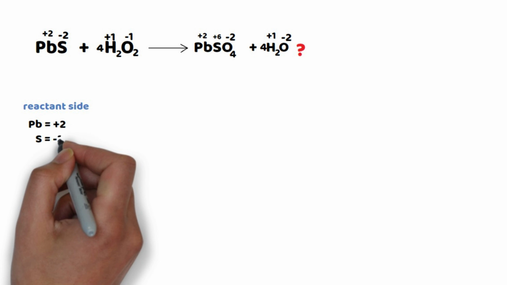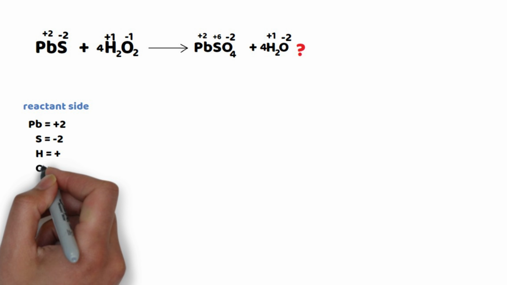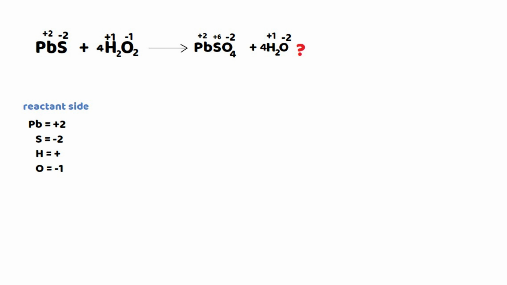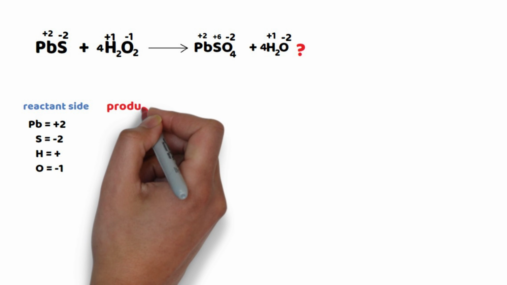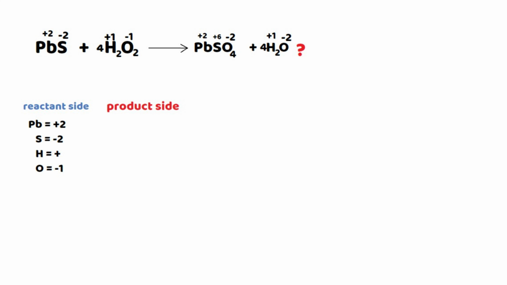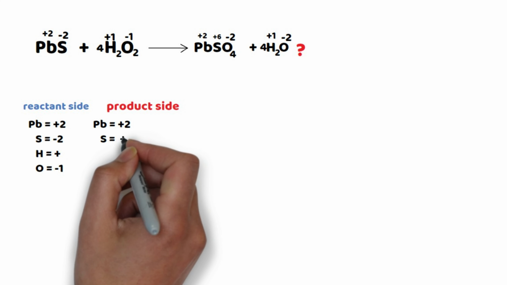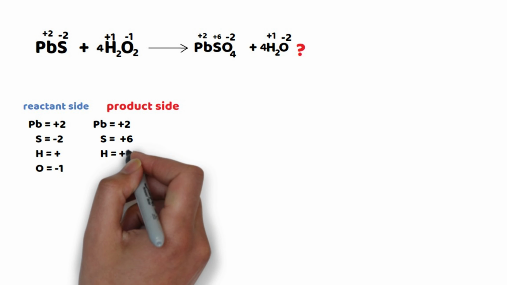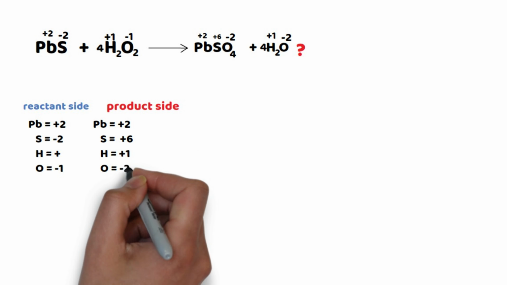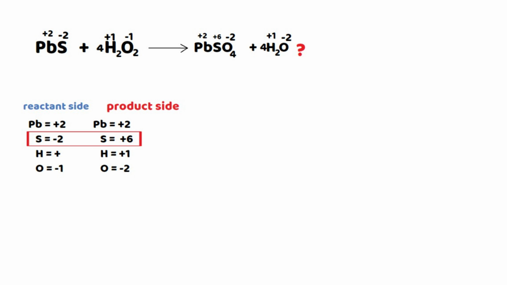Now in the reactant side, lead has +2 oxidation number, sulfur has -2, hydrogen has +1, but oxygen has -1. In the product side, lead has +2, sulfur has +6, hydrogen has +1, and oxygen has -2.